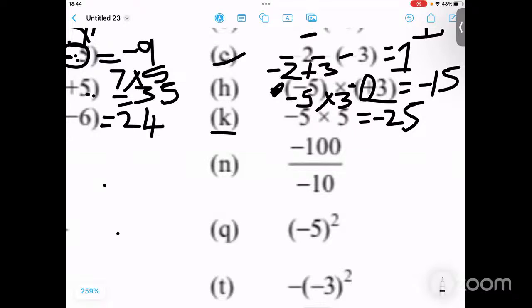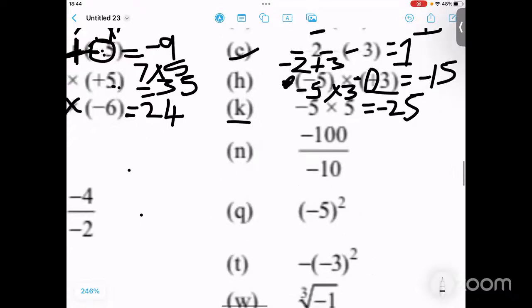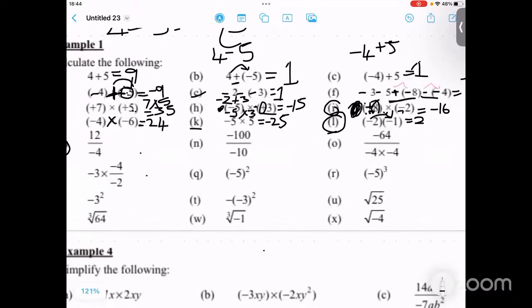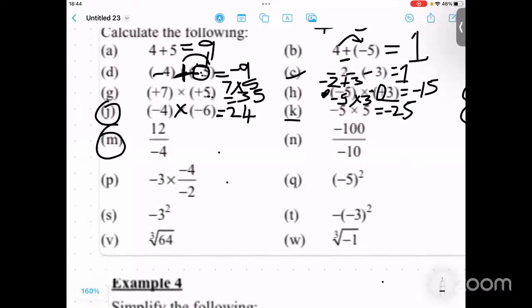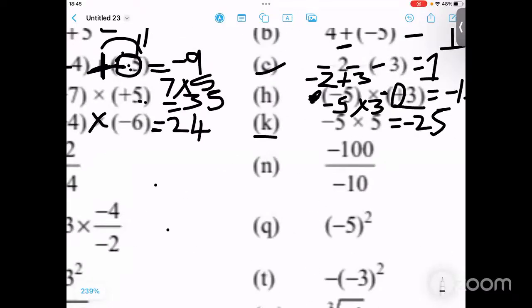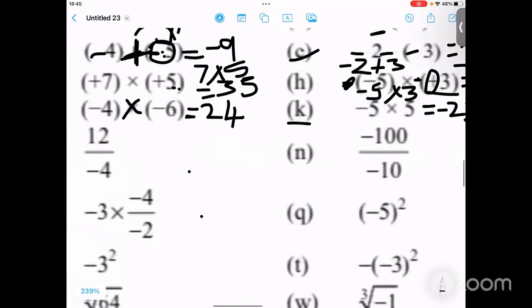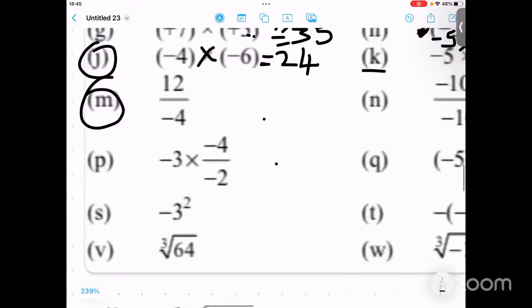And do you have an idea why we're having a -25? Partly, ma'am. What could be the reason? Because, ma'am, we are multiplying a negative with a positive. So you are still gonna get a negative even if you multiply with a positive. Perfect.